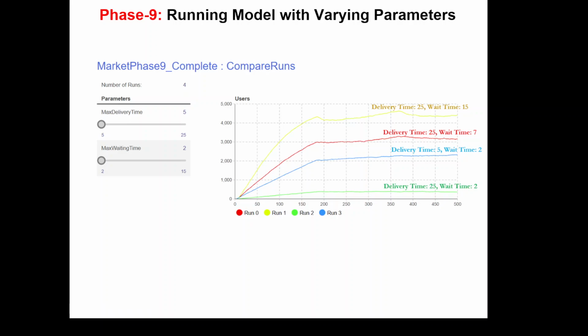I have plotted a graph here: when we assign different values to delivery time and wait time, the product adoption process follows a different curve. Okay, so that's all for our agent-based modeling of the market simulation.